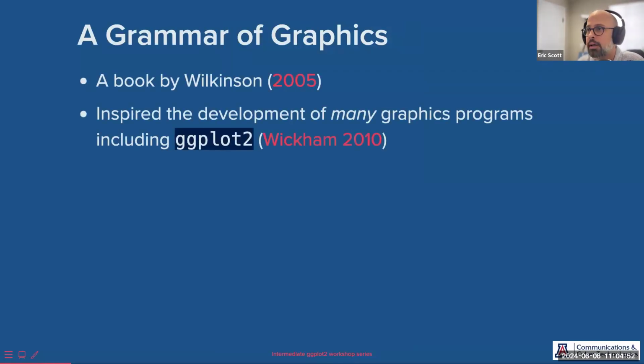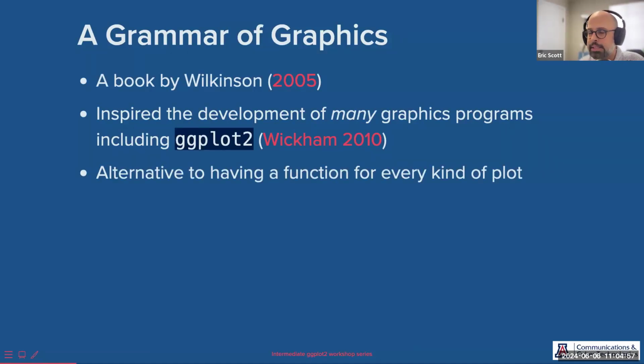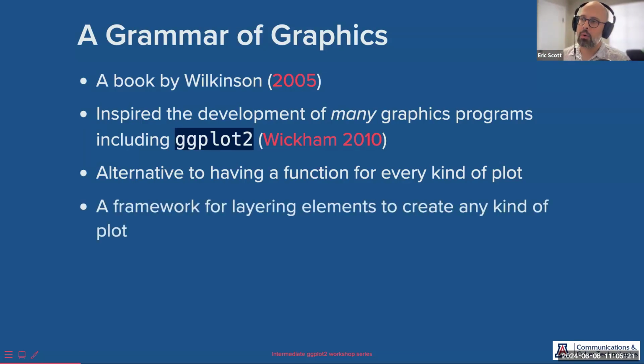So it's a book. It inspired the development of ggplot2. And it's essentially an alternative to having a different function for every possible kind of plot, right? So instead of having a function for making a scatter plot, a function for making a line plot, a function for making a histogram, a box plot, a violin plot, for every possible different plot, instead thinking about what are the common elements of all data visualizations.